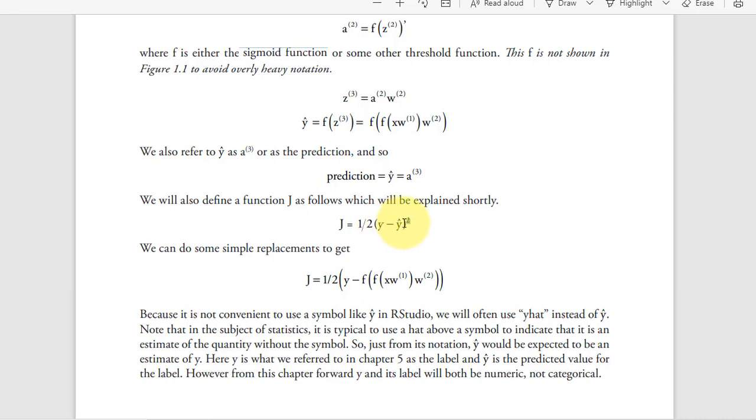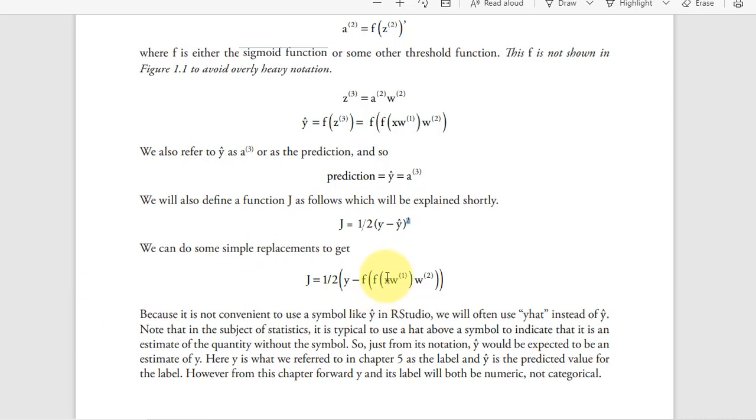And anyway, then you have to use the chain rule. And actually, when you use the chain rule, you get 2 times something. And so if we have 2 times something and that something has a half in it, then we get the cancellation of 2 and a half, which just kind of makes things look cleaner. So we just throw in that extra half there. It doesn't matter. You don't have to do that either, but it just makes things look better when we end up working with this formula and we have to take its derivative.